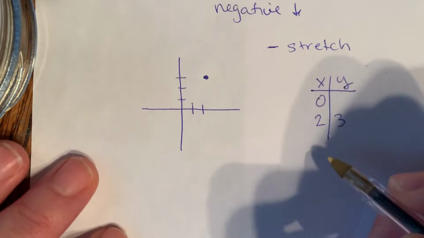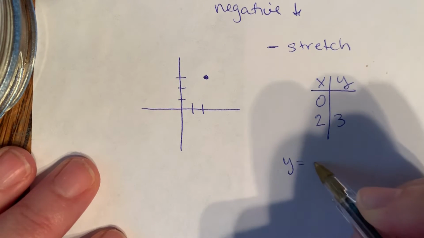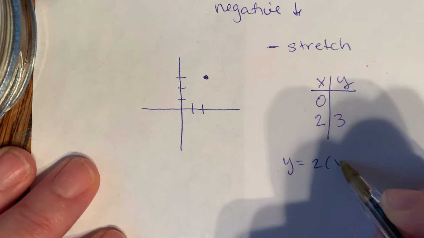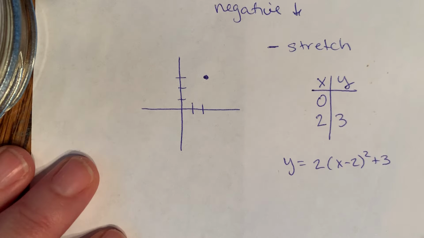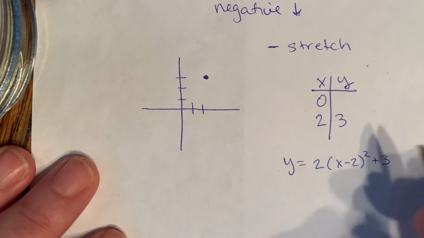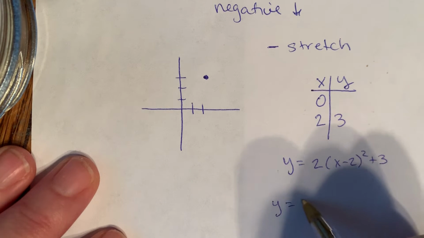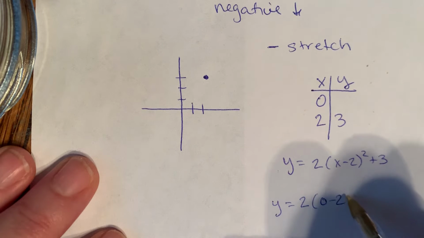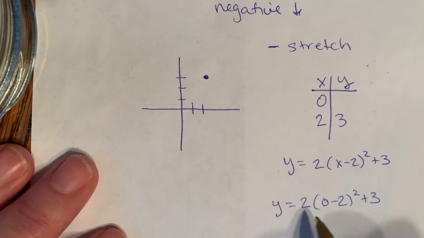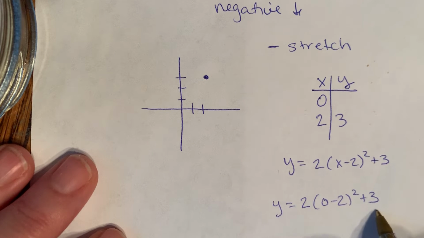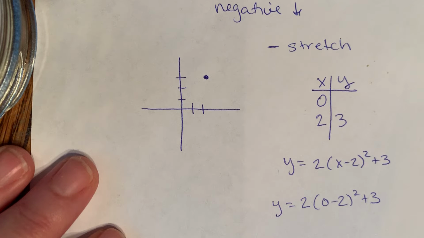Now I'll rewrite the equation down here so we can see it. y equals 2 times x minus 2 quantity squared plus 3. So if I were to plug in a 0 for x, I get y equals 2 times 0 minus 2 squared plus 3. And all I want to do now is evaluate the right-hand side, which means I want to hook into the order of operations.